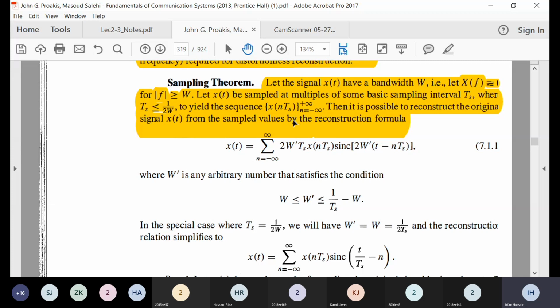Now from that sampling, how can you reconstruct your original signal? Let us say I go to the receiver and the person says, I don't want these samples, I want to hear my original signal, what I have spoken. Actually, what I am speaking right now is going digitally. Nowadays, all our optical fibers and links are digital.